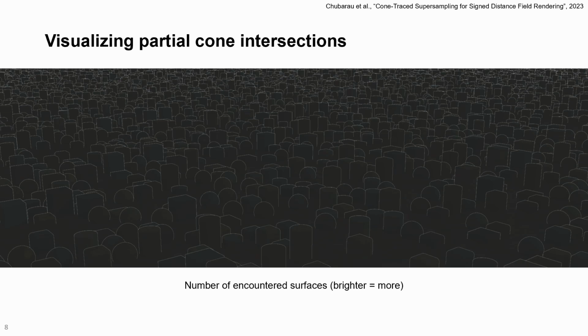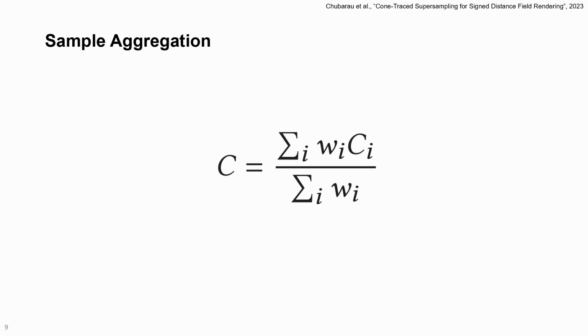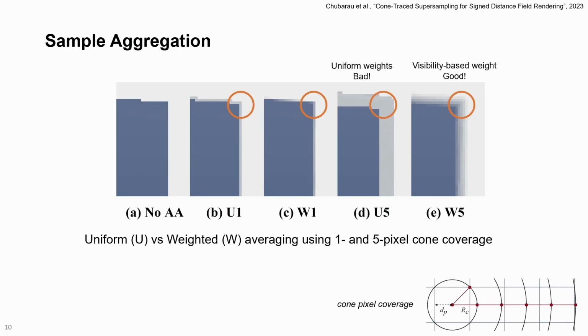So CTSS by itself is really good at anti-aliasing the silhouettes of objects when rendering signed distance fields. But we also need to aggregate the samples based on some sort of visibility-based weights. If we simply average the samples, then we get a result kind of similar to extrusion, where the object edge is essentially detected further away from the actual surface, and that's not what we really want. On this figure here, I'm showing different traces with different size cones.